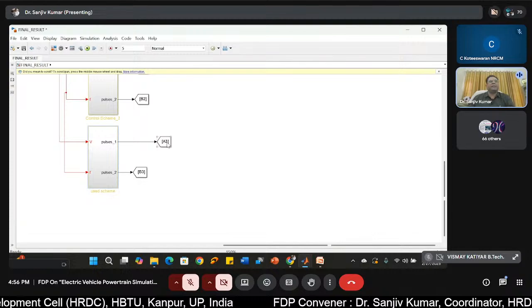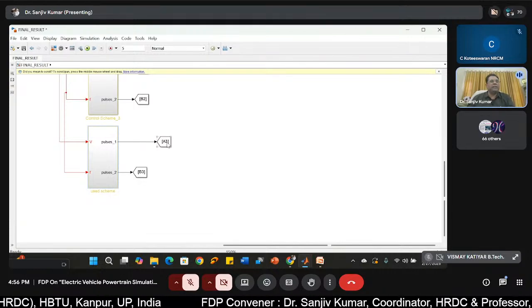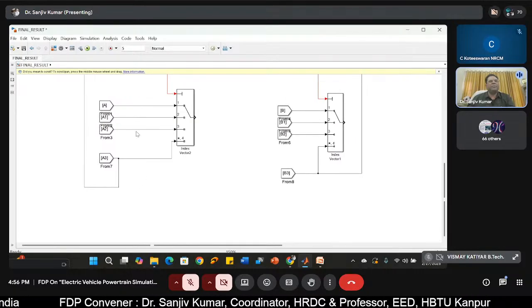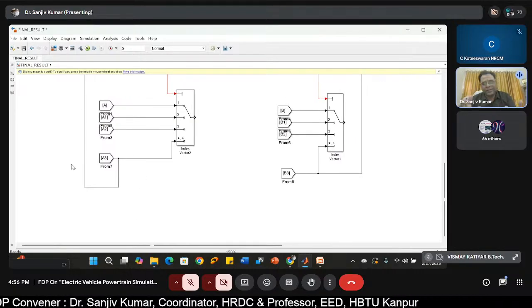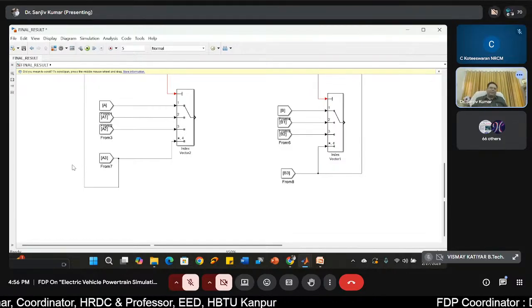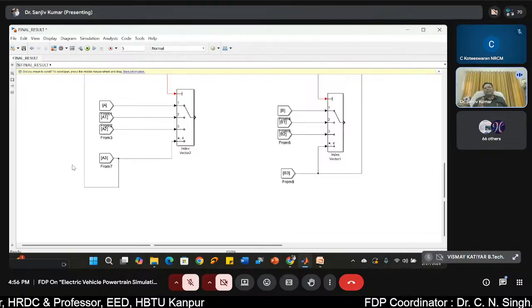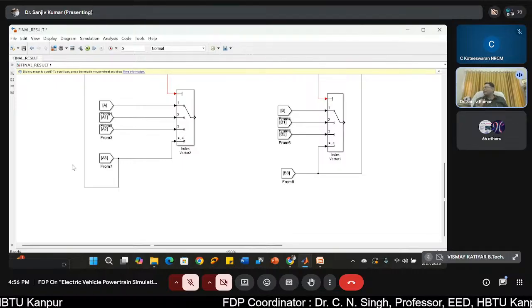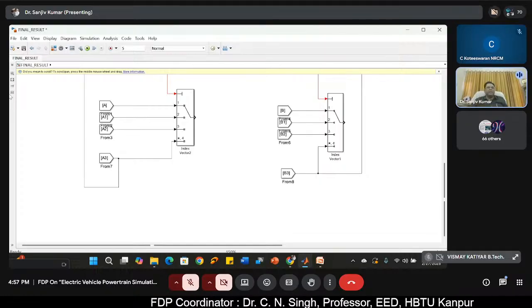This is just for beautification, just so that your simulation looks very nice. If you connect these 6 wires, then the simulation is very messy. That is why this type of thing is done.